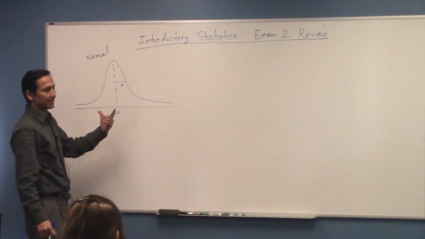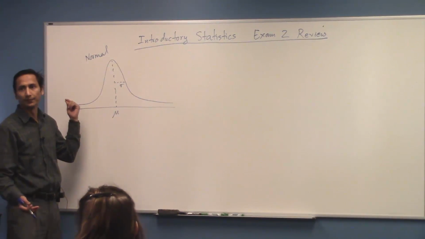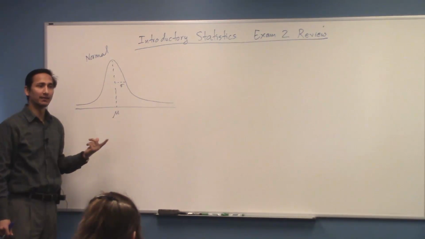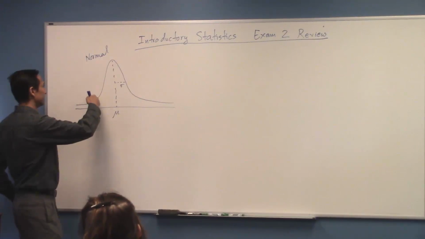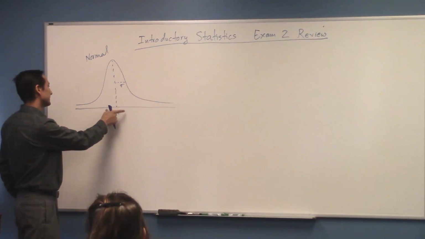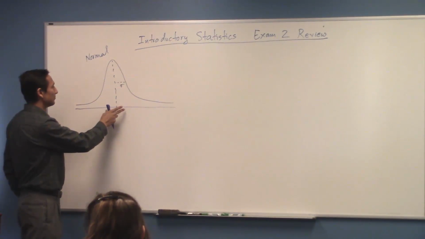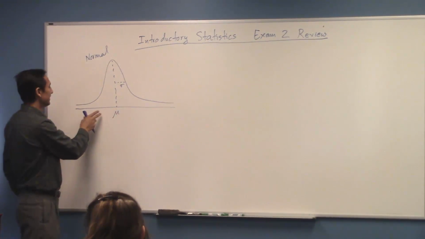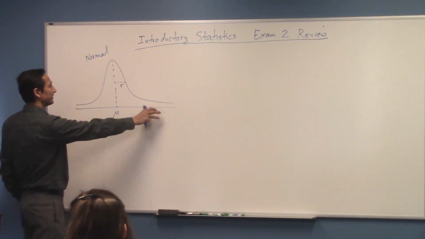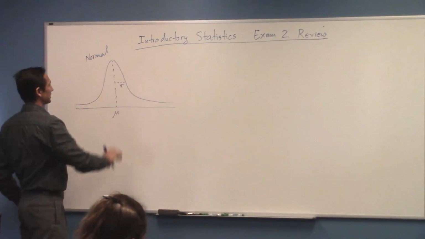Most data sets in real life also follow this kind of pattern. If you draw a histogram, it will follow this pattern. Most data lie in the middle, the average, with very few on the low side and very few on the high side. So that's a normal distribution.